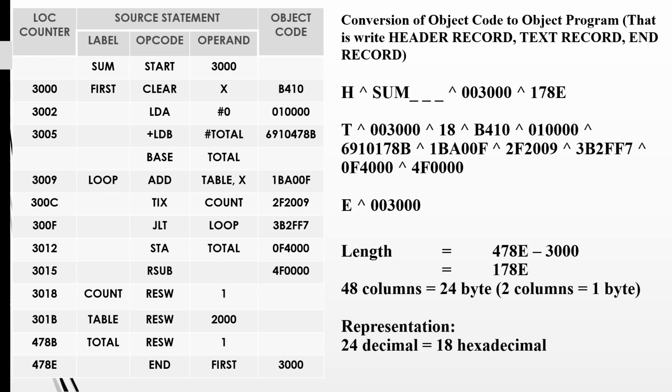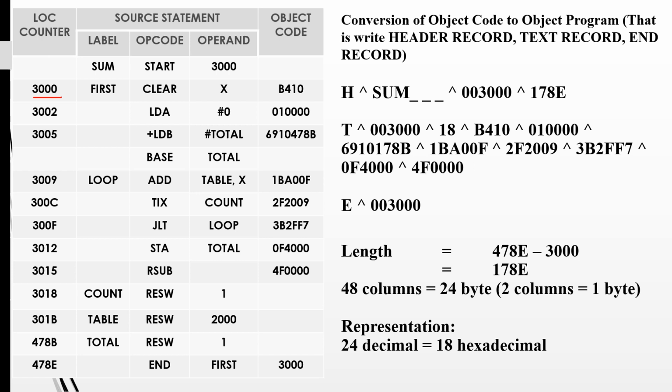The first 3 is SUM, the next 3 are left blank. Then the next 6 columns are taken as the starting address of the program, that is 3000 we are seeing here. Then the next 4 columns are taken as the length of the program.